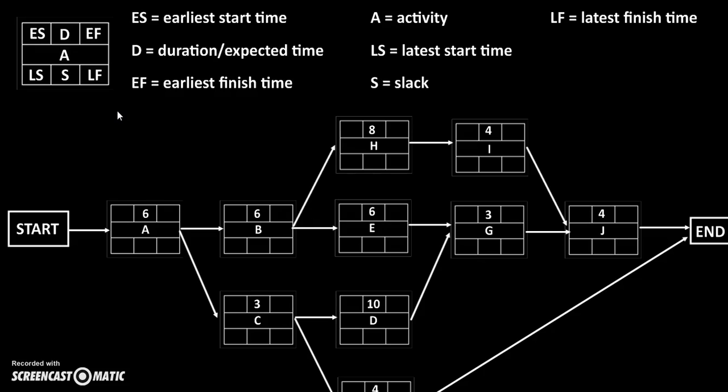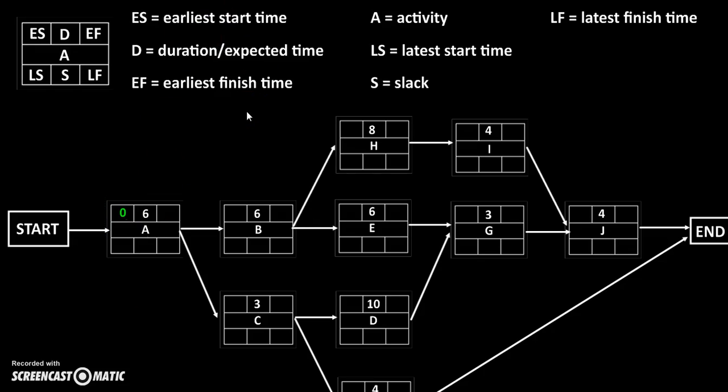So let's start with activity A here. Activity A is the first activity in the project sequence, so nothing occurs before it. What is the earliest time that activity A can start? Clearly, activity A can start at 0. I'm doing it in a different color here so we can see them.